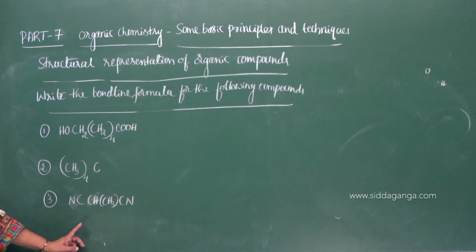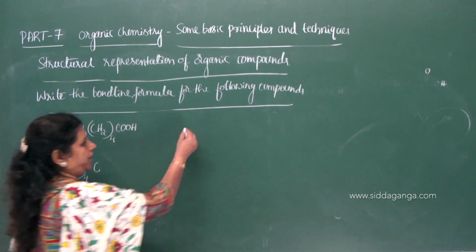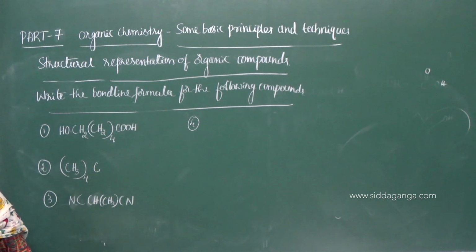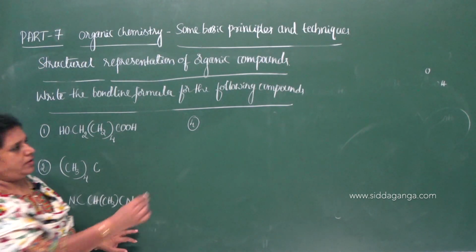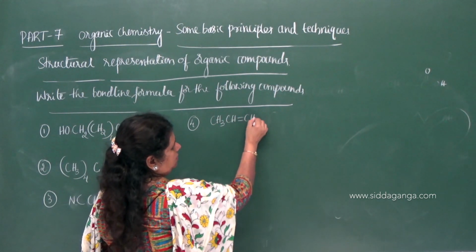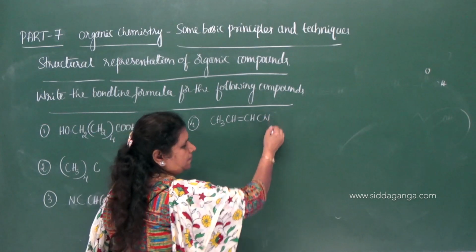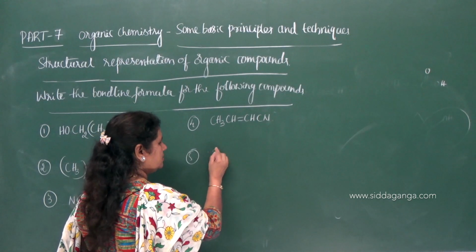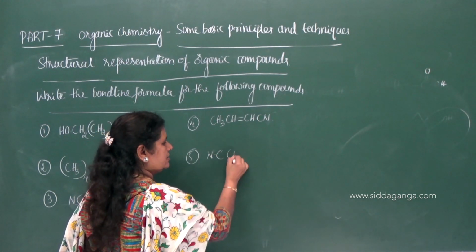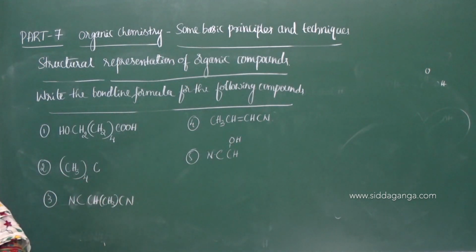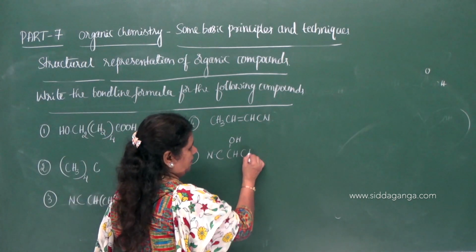So this is one more compound, and the fourth one here you can represent as the compound CH3 CH double bond CH CN, and the fifth one CN CHOH CN.